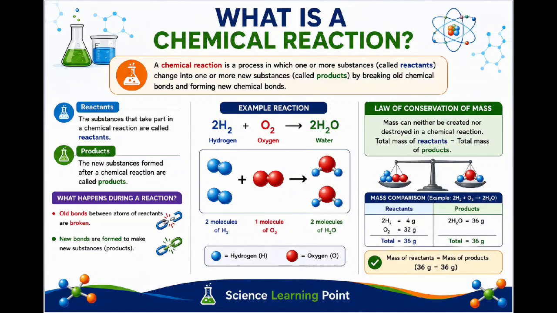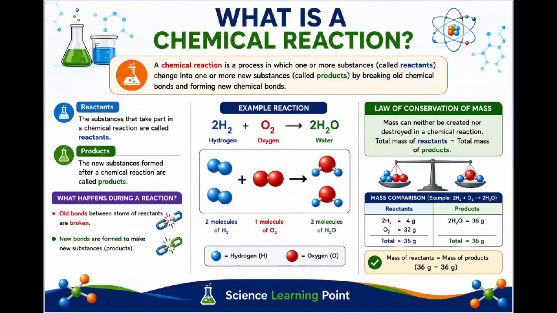Notice something interesting. Before the reaction, hydrogen and oxygen have completely different properties. And after the reaction, what happened? They form water, which has completely different properties from hydrogen and oxygen. Understand? This shows that chemical reactions create new substances.